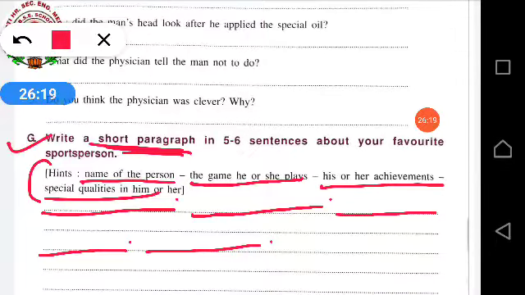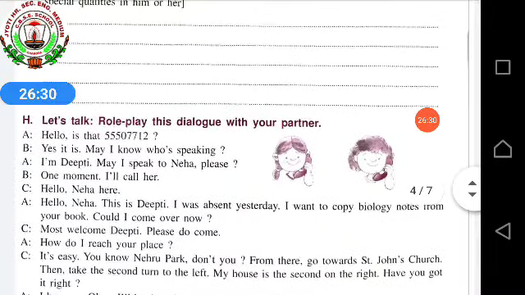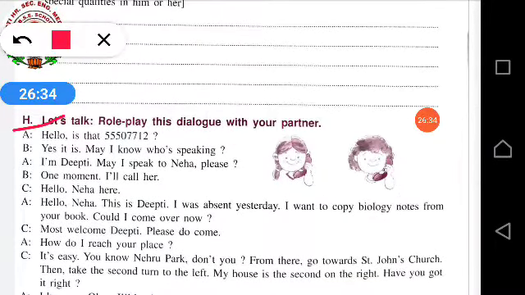Next, let's talk about the role play. Role play this dialogue with your partner. If you have your brothers or sisters with you, then you can have a role play. Already the matter is given over here. The dialogues are given over here already.